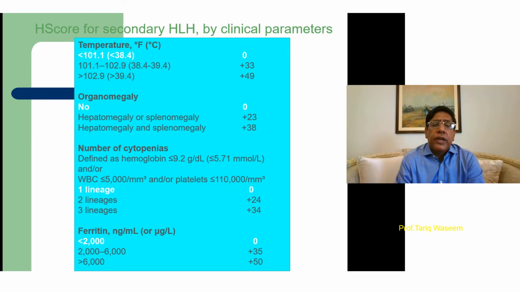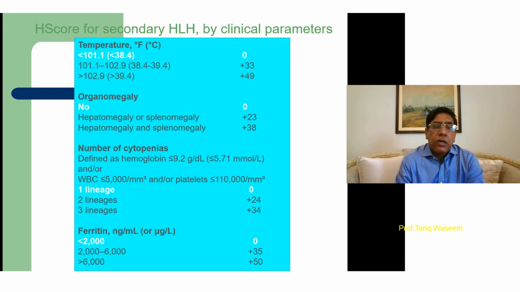But if there are two lineages, either hemoglobin and WBC both, or hemoglobin and platelet, or platelet and WBC both are low, the score is 24. But if all three lineages show decreased levels, then the score would be plus 34.